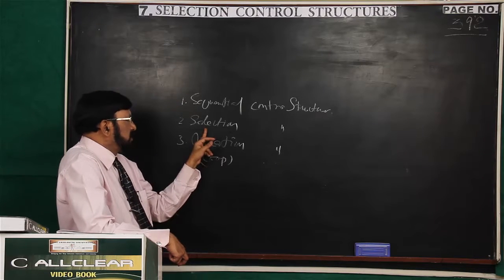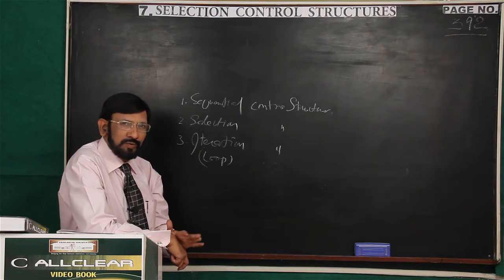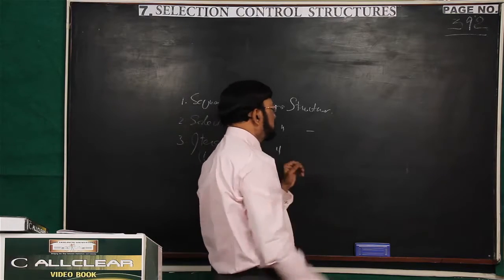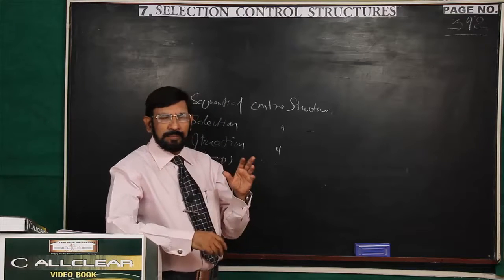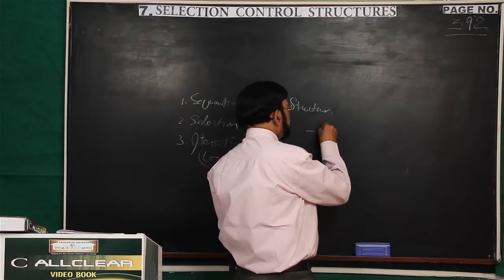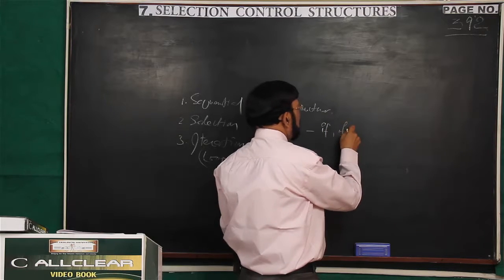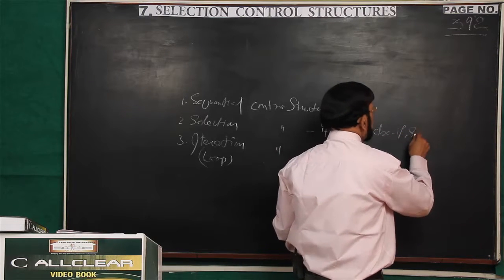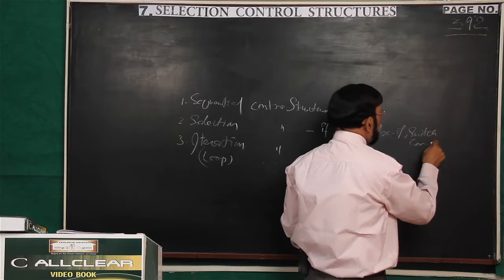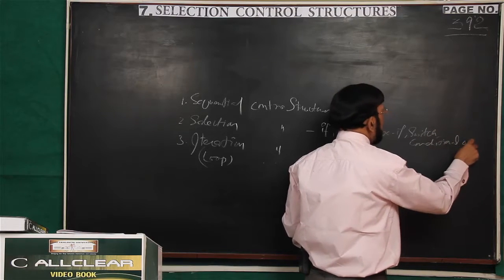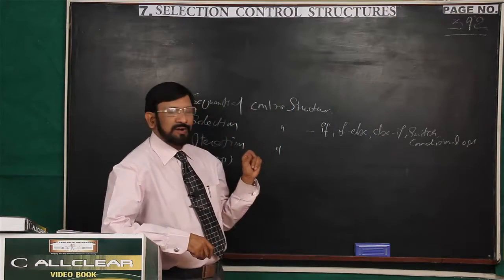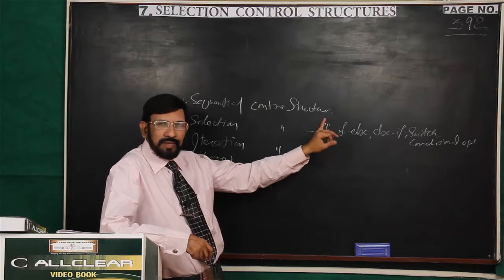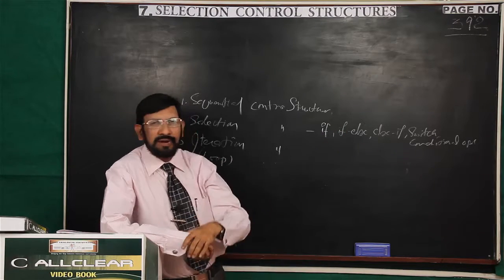As far as selection and iteration are concerned, we should have a special focus, because a big mechanism is provided for selection as control structures, by way of these statements: if, else, else if, switch, and conditional operators.